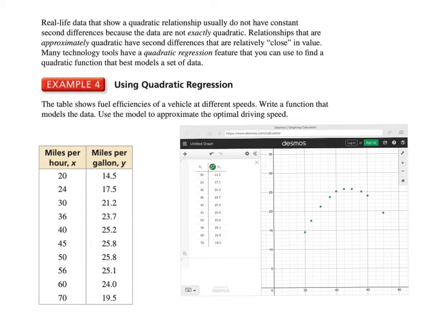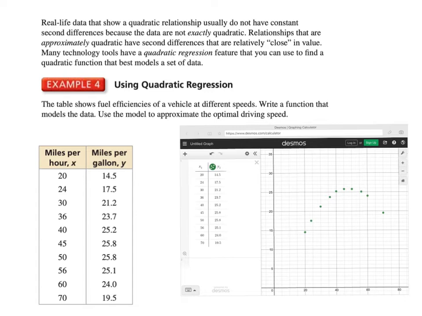And we notice that it looks like it's a parabola. It looks like it's in a parabolic shape, U-shape down. So we need to find the best model that approximates this. Now if you did not have a calculator to do this, you can pick 3 points and do what we did for the last section: do systems of equations and solve it.